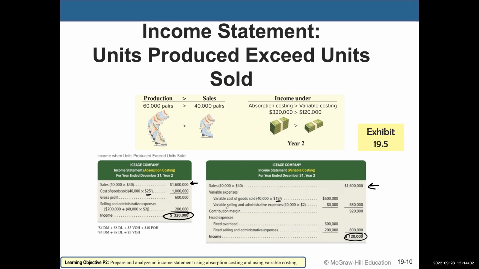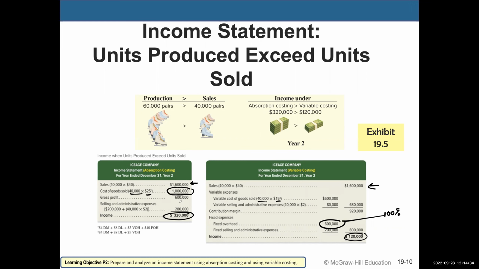Under variable costing, we've sold 40,000 units at their cost of $15 per unit, and all overhead, meaning 100% of it, has been recognized. The difference here is that under absorption costing, we have sold 40,000 units, but we left some inventory unsold.